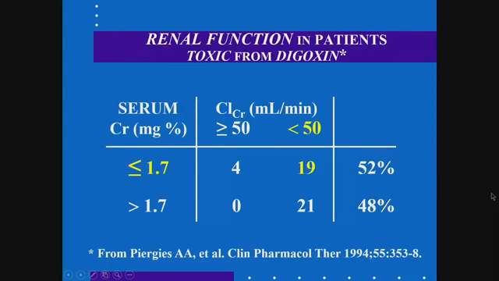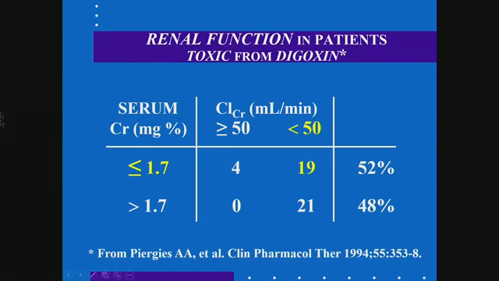An example of the importance of relying on the estimated clearance of creatinine, as opposed to simply measuring a serum concentration of creatinine, is illustrated in this work by Pierges and colleagues in the early 90s.